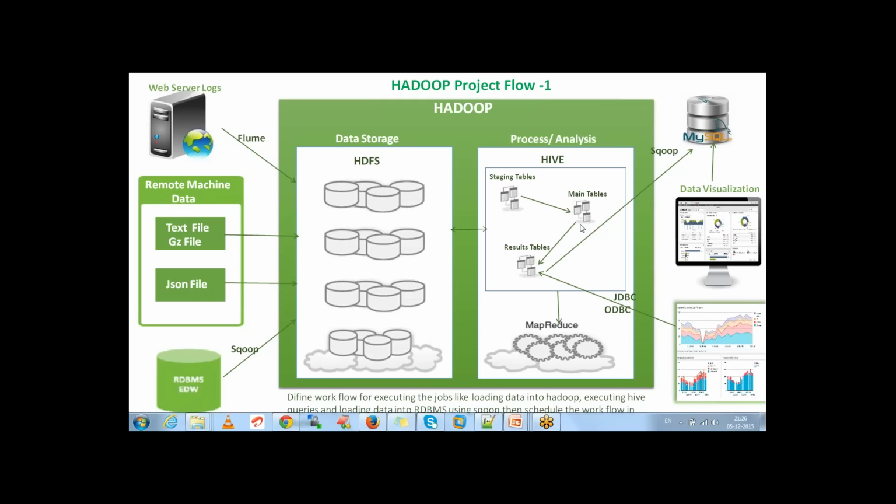Otherwise this main table data we can store into some HDFS location, and that location we can move to the Hive tables. Generally, whatever the output is, we call it a results table. That means analyzed data is stored into some tables, and that table data will move to the RDBMS.